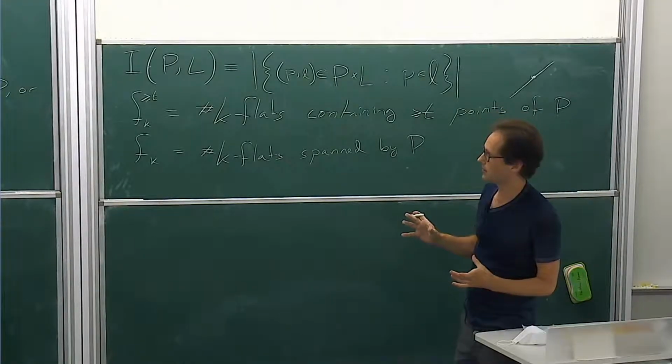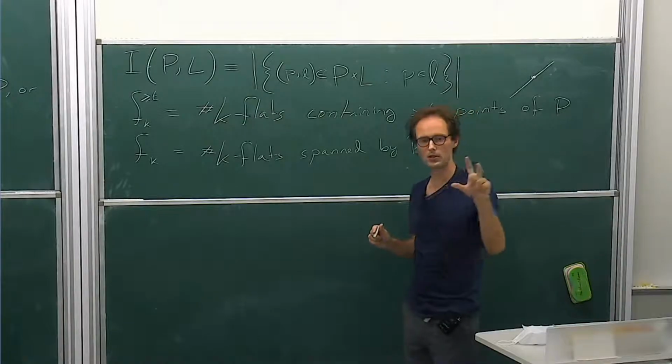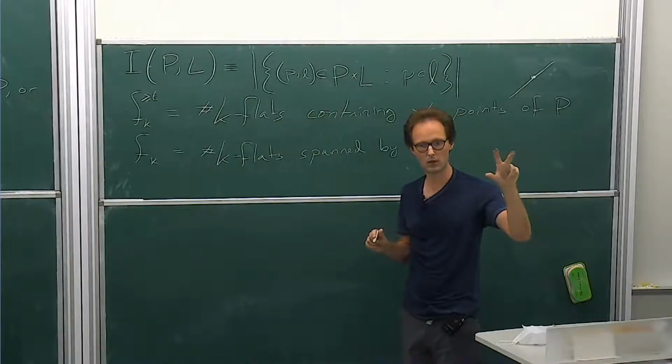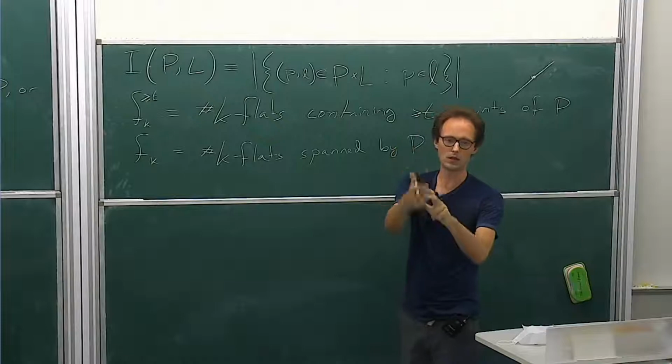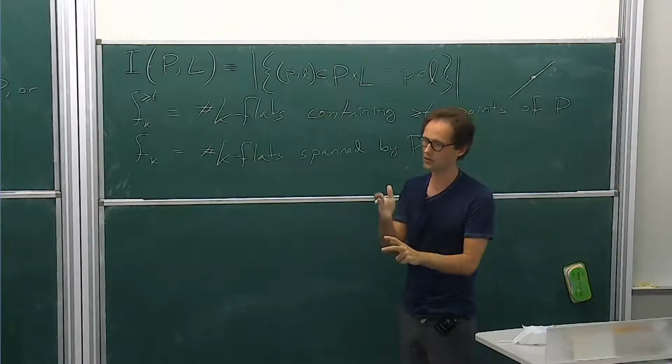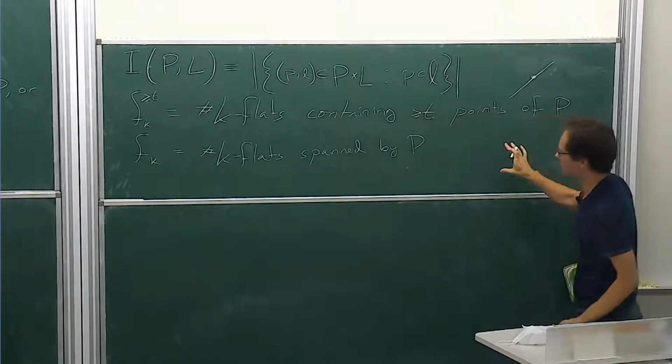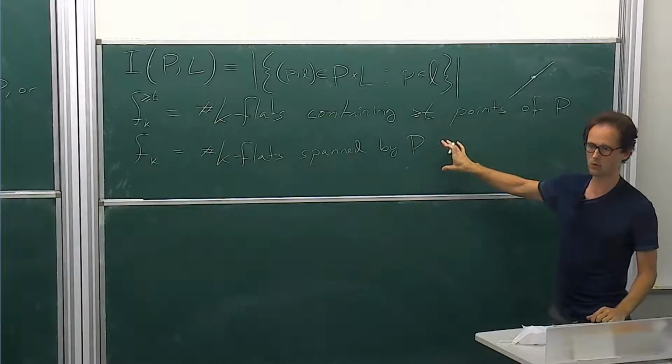In 3 dimensions, if you have 3 non-collinear points, there's a unique plane that passes through them, and that's spanned by those 3 points.